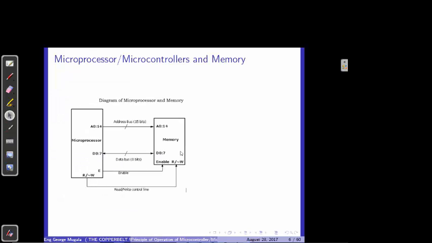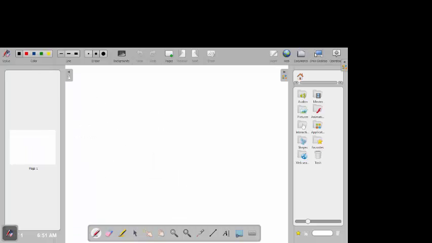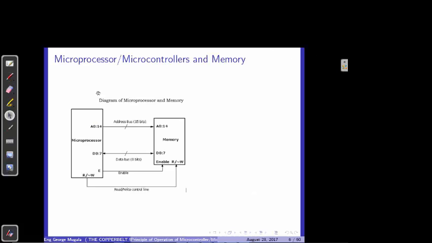Now let's discuss a little bit the microprocessor and the memory unit. As you can see here, there is a microprocessor, and there's a memory unit, and there is what we call, in this case as an example, an address bus.